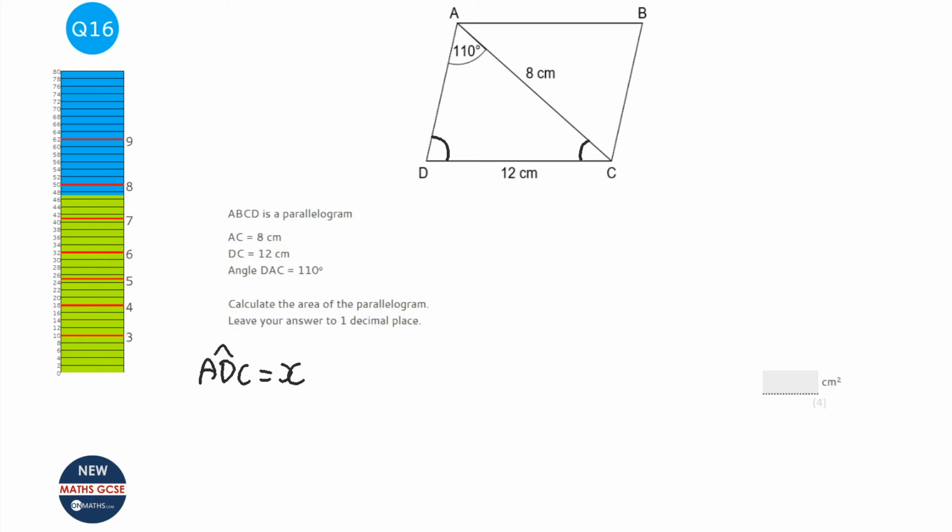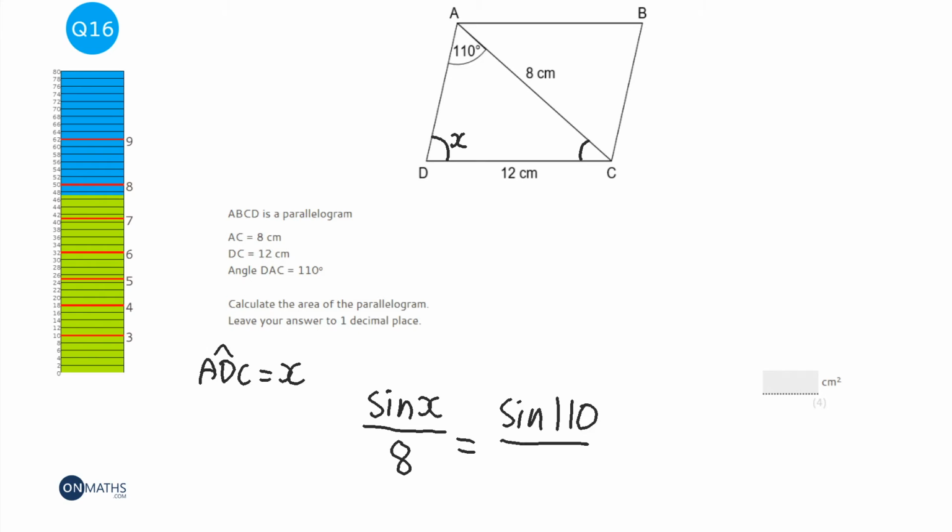So I'm going to use the sine rule, and that says that sine X over 8 equals sine 110 over 12. And the reason it has to be that way around is that sine matches up opposite angles and lengths, so it's going to be those two and those two.